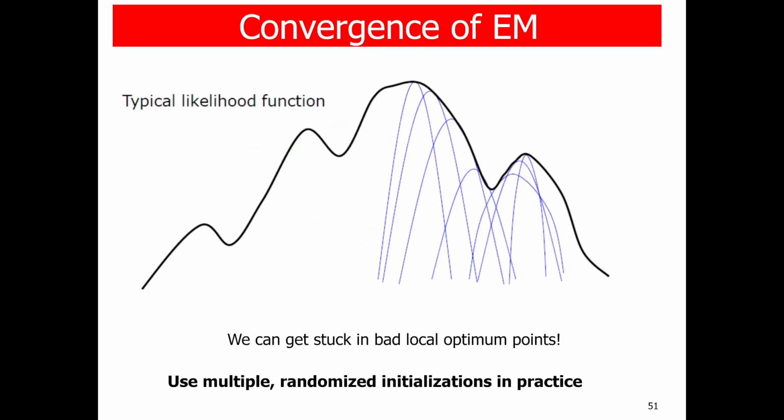We should also know that depending on the initializations of the algorithm, we can get stuck in bad local optimum points. So in practice, we might need to use multiple randomized initializations. Here on this figure, you can see that based on the initialization, either we converge to this local optimum point or to this one.